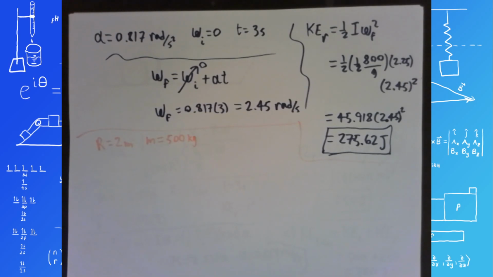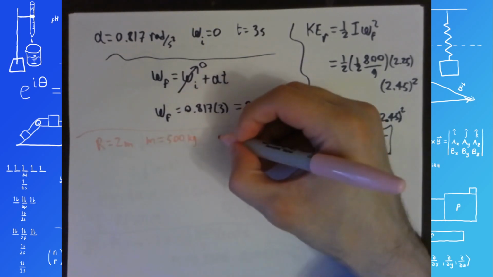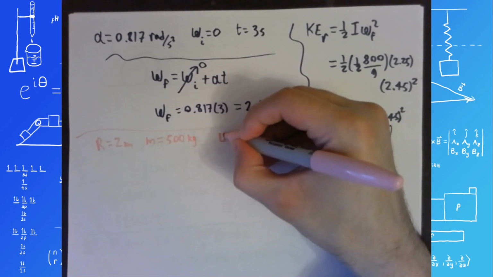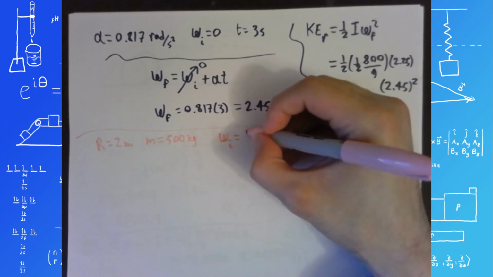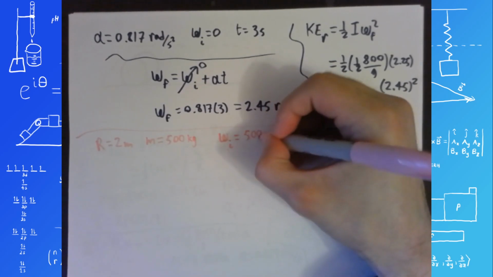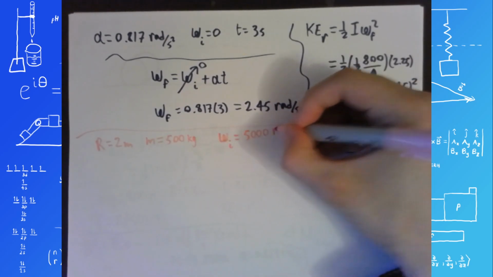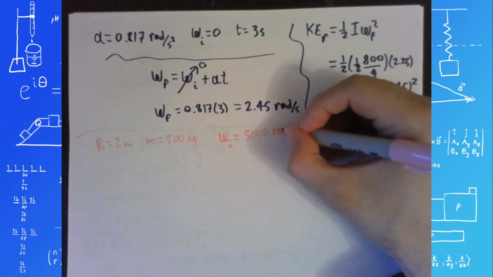Before a trip, the flywheel is attached to an electric motor, which brings the flywheel's rotational speed up to 5,000 revolutions per minute. So, at the start of the trip, this thing has an initial 5,000 RPM, revolutions per minute.